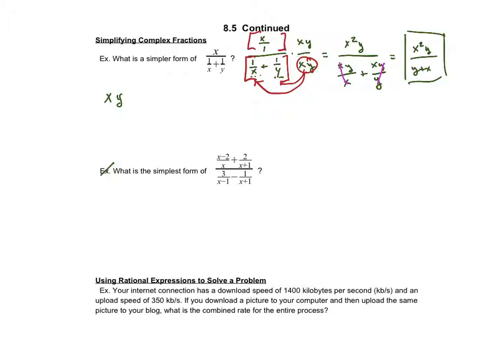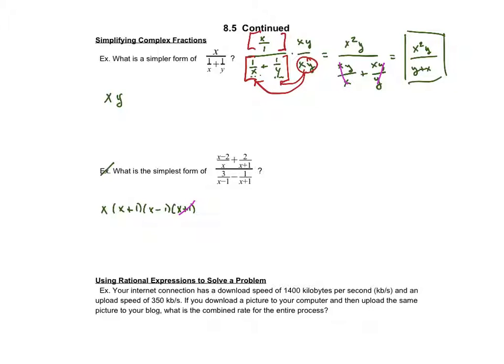Remember the first step is to find a common denominator of all my fractions. If I list that, I have x plus 1, and x minus 1, and again, x plus 1. It turns out that this x plus 1 is a duplicate.